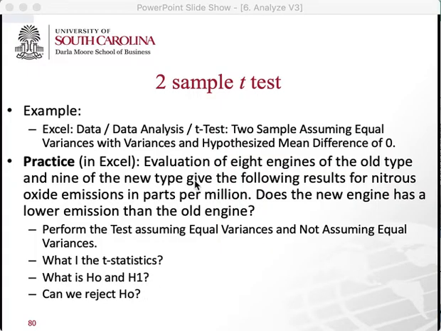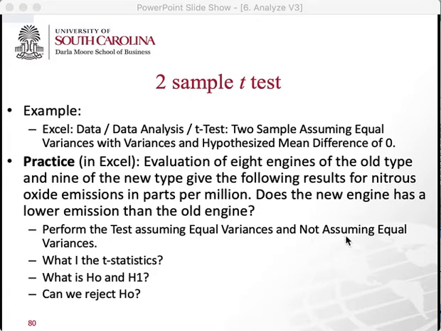So now we've done this one. Let's go to the practice problem. So in the same table, you have this practice problem, evaluation of 8 old and 9 new engine types, following that same example of nitrous oxide. We want to perform the test, assuming equal variances and not assuming equal variances. You can do both of them just to take a look.